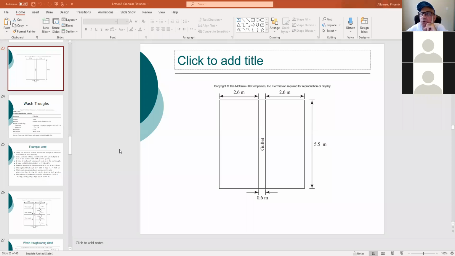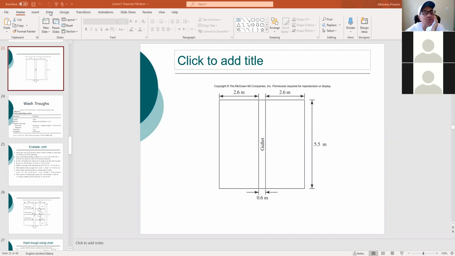All right, let's go back to that sand filter. Okay, let me share with you the last thing that we looked at. So we designed this one box.